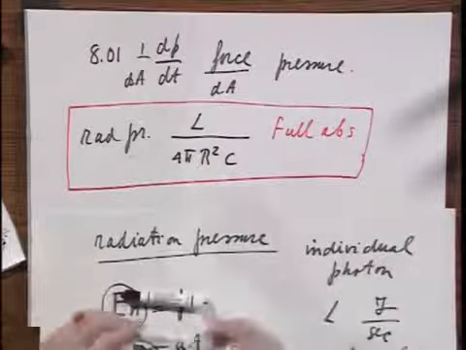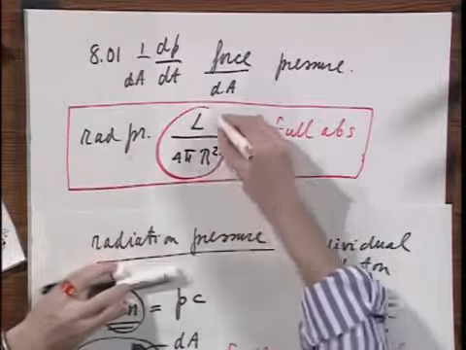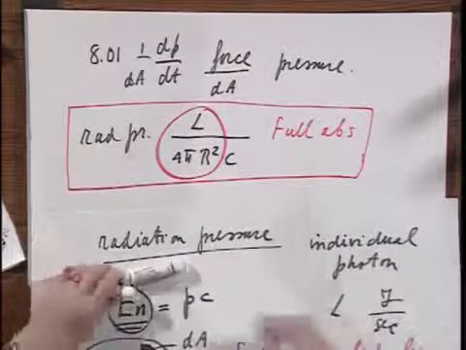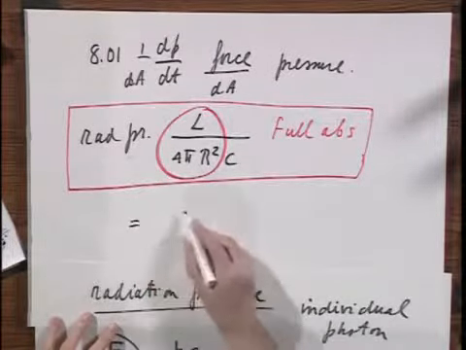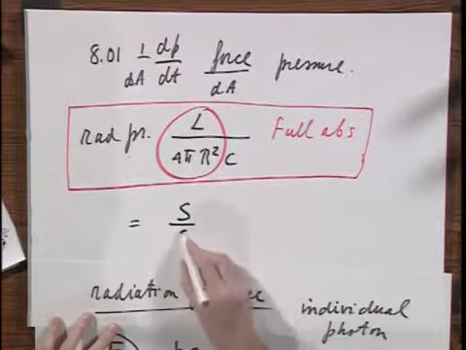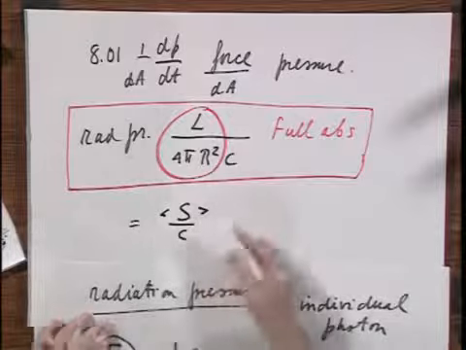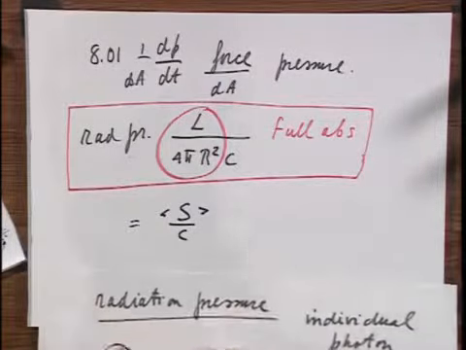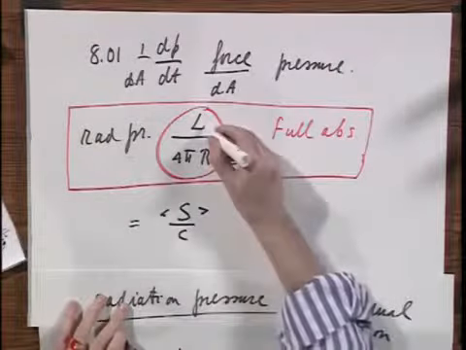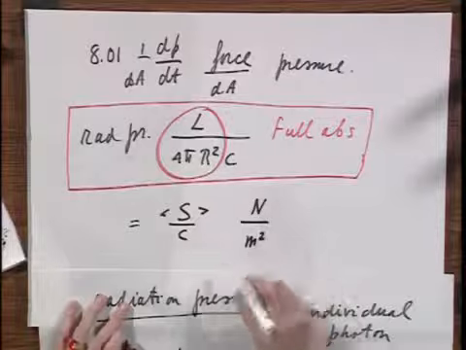Now, this quantity here we earlier called the Poynting vector. So the radiation pressure is also the Poynting vector divided by c. But now I have to take the mean Poynting vector because we have to take into account the oscillation of the electromagnetic radiation. And you should convince yourself that both of these are in units of newtons per square meter.